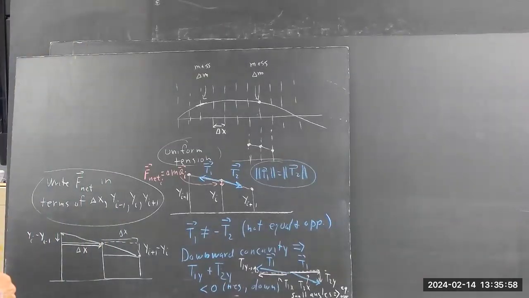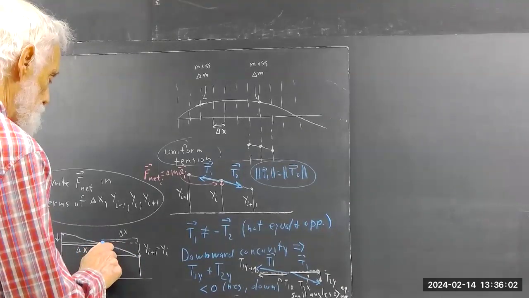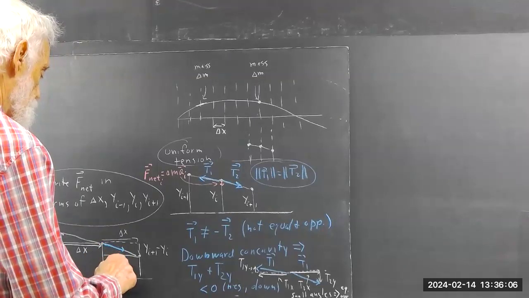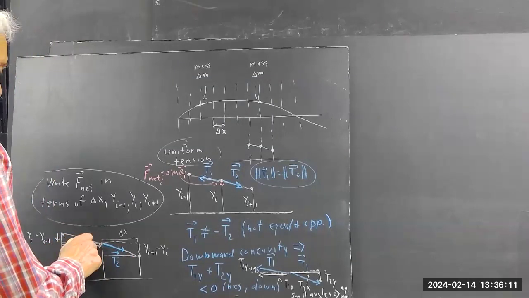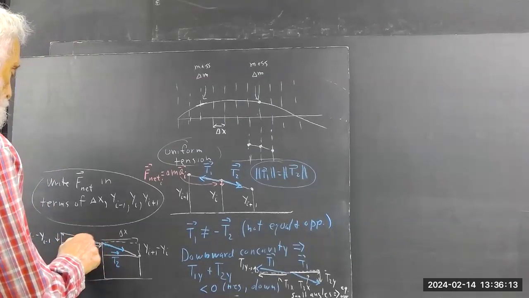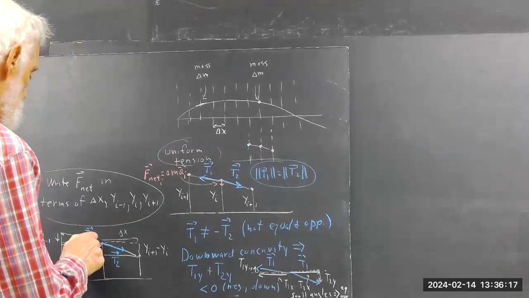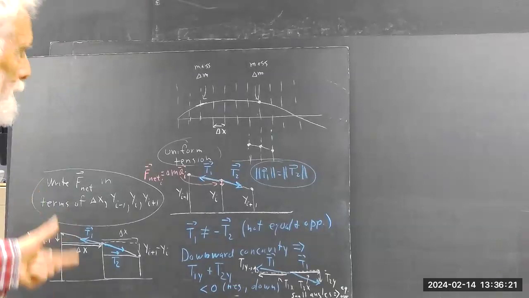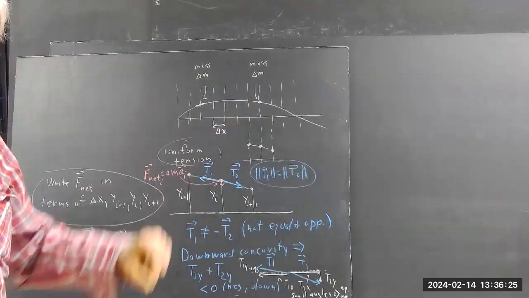So now we've got tension T2 and tension T1 of equal magnitude, only because we assume the distortions are very small.